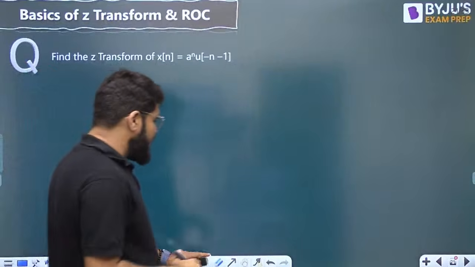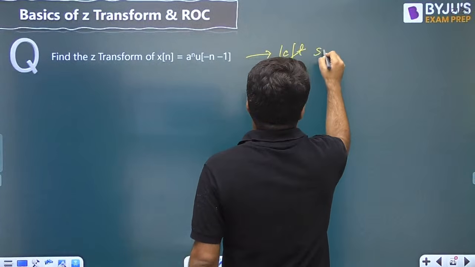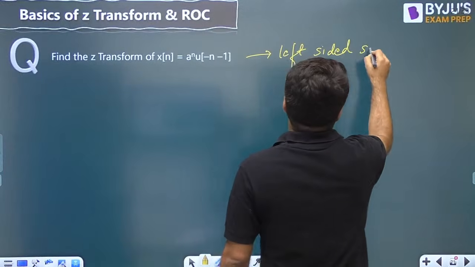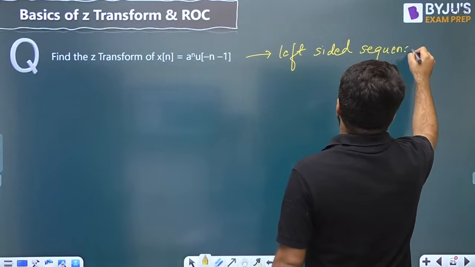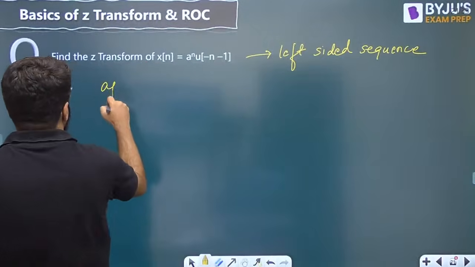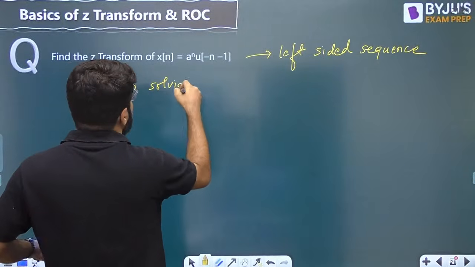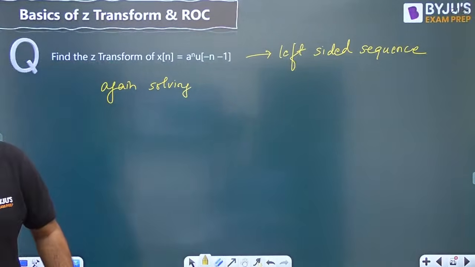Similarly, guys, if I want to discuss a left-sided sequence, there will be very similar calculation. Again solving by GP, the very same calculations are going to come, so let's not waste time in repeated derivation.